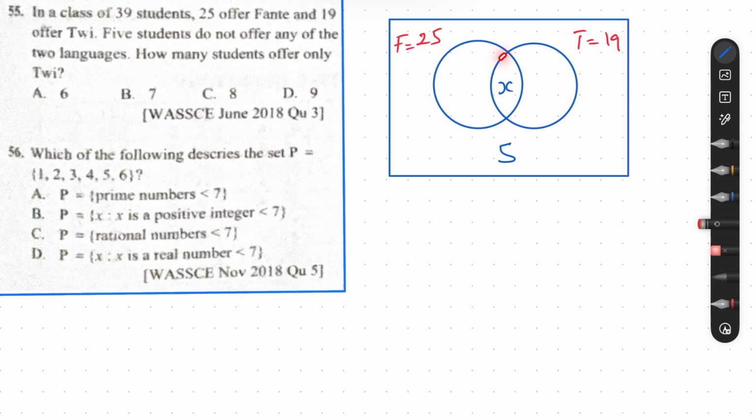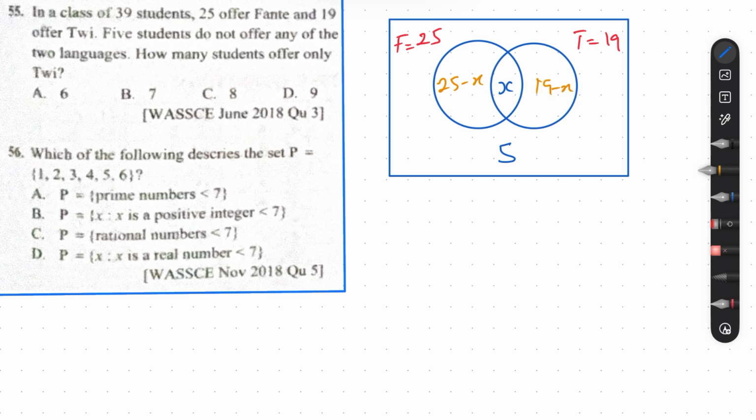Similarly, on this side for Chi, since the whole circle is 19, then this side will be what? 19 minus x. Okay, so let's write it. 25 minus x, 19 minus x.